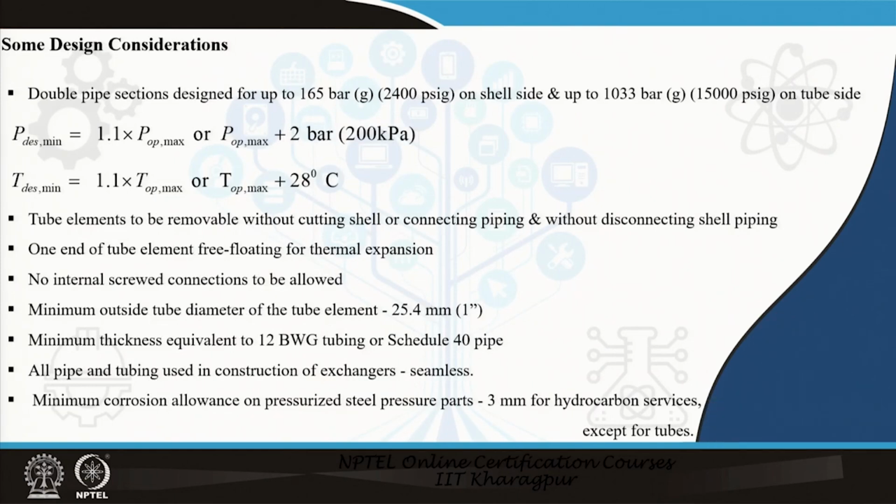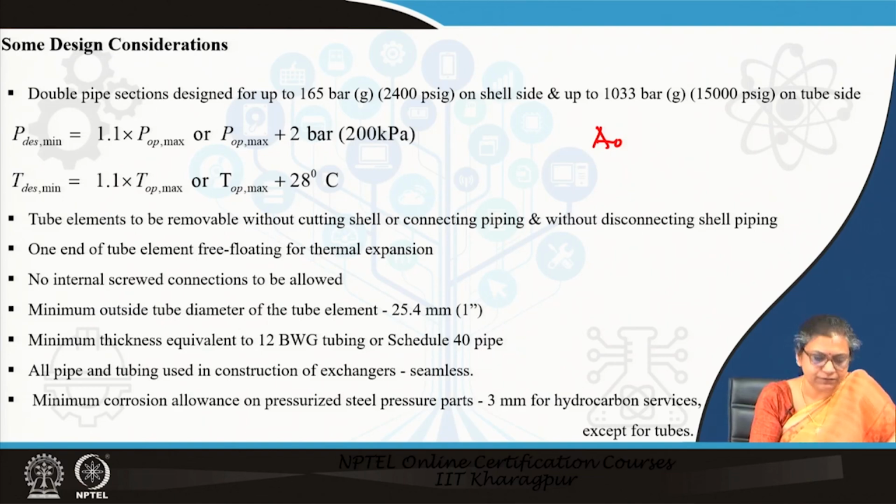Once you have done the design, you have found out Ao. Now, you need to decide on the tube diameter and the tube length. Certain things I would like to tell you, there are some rules here which are again simply guidelines. For example, the minimum outside tube diameter is actually 25.4 millimeters. The minimum thickness is equivalent to a schedule 40 pipe. The corrosion allowance is 3 millimeters.